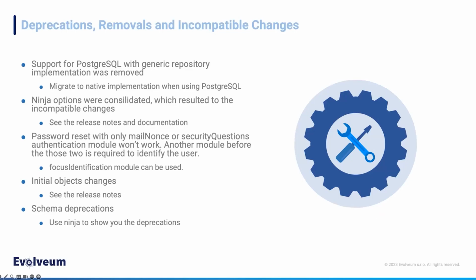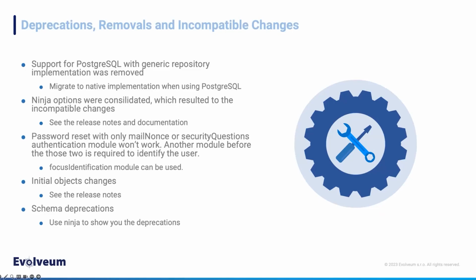For full list of deprecations, removals, incompatible changes, and behavior changes, please see the release notes. Just to note some, support for using PostgreSQL database with generic repository implementation was removed. The native implementation for PostgreSQL exists for 2 years, and therefore we recommend to migrate to it.